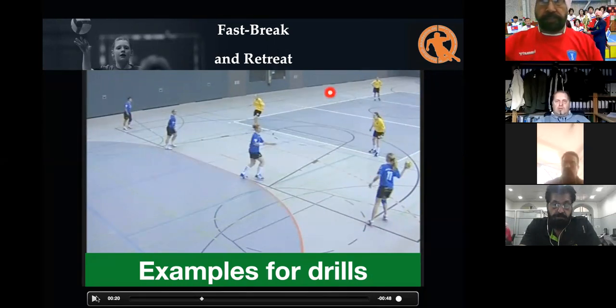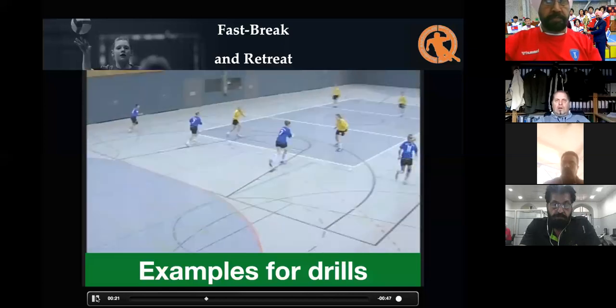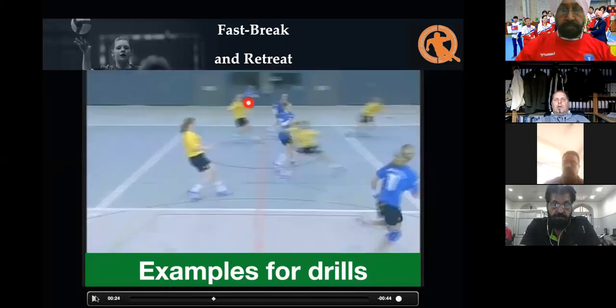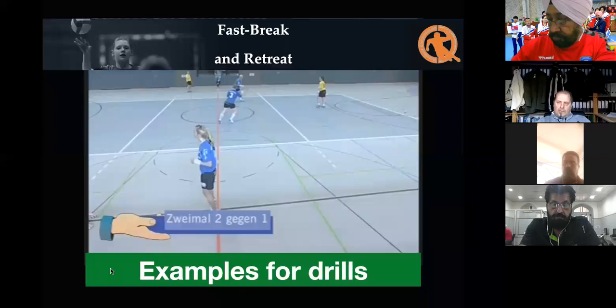So this is the first step of that drill. Now, after crossing the center line, those two defenders stop, and the next two defenders are active. So again, it's 4. Oh, sorry, we have to go back.